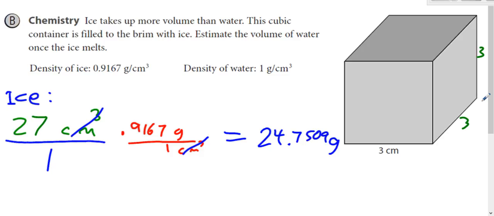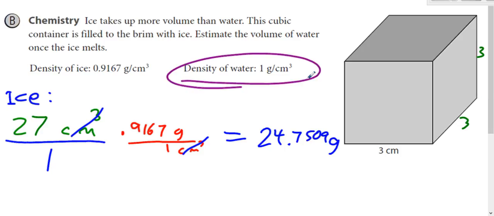So now we want to know how much water will be left after that. Since that's how many grams we have, we're going to convert it back now using the other conversion factor.